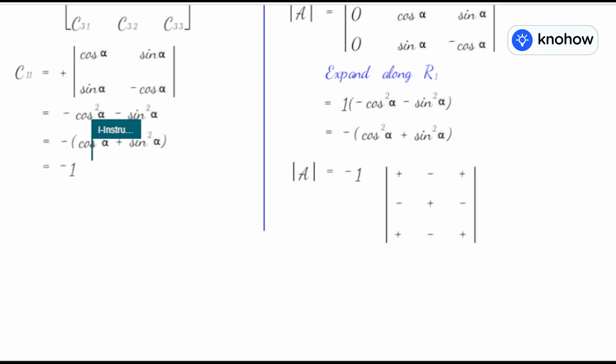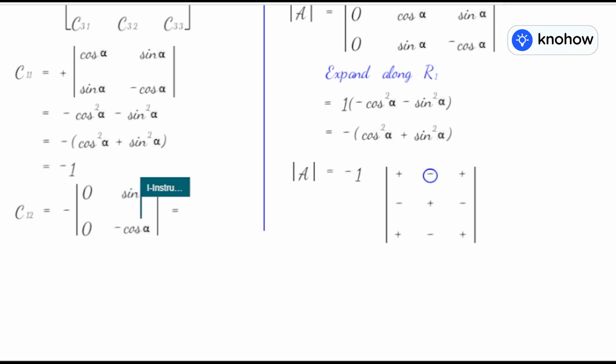Let me also work out C12, and C12 will be with a negative sign. So it will be negative times, delete the row and column through C12, that is 0, and you get 0, 0, sin alpha and minus cos alpha. Obviously it is 0.